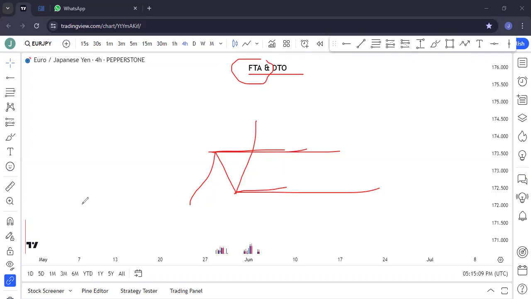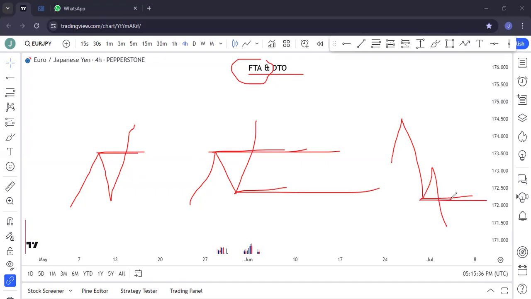And how to verify it? To verify the structure, you have to know if the structure really breaks this high here or this low here. So how do we know if the market has really broken this high or this low?